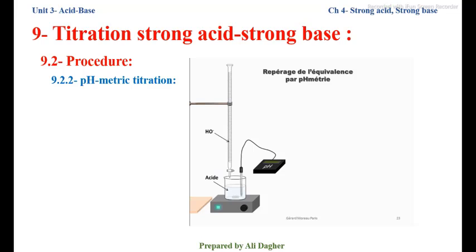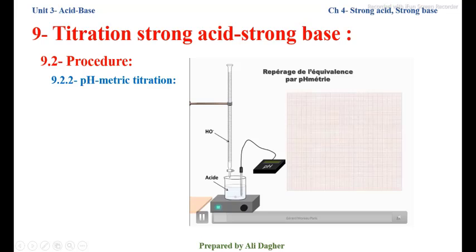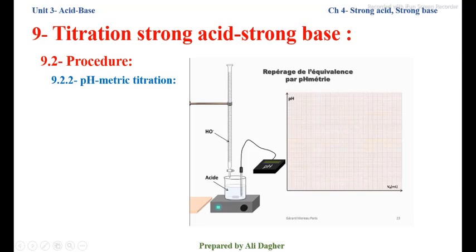This is an animation that shows the pH metric titration. We have the magnetic stirrer, beaker, electrode of pH meter and pH meter, the graduated burette, and we have a graph. We will draw the graph directly from the result of the titration. When the volume of base is 0, this is the initial pH.